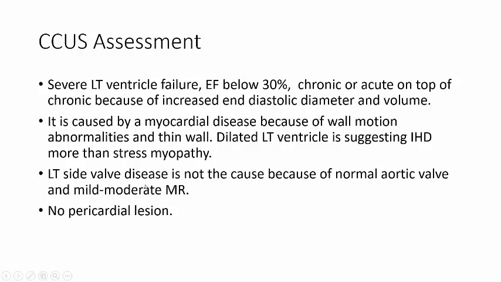Left side valve disease is not the cause: the aortic valve is normal, and the mitral valve has only mild to moderate regurgitation, which will not cause this much dilatation and wall motion abnormality. No pericardial disease. So if you see left side heart failure, you need to assess the muscles, valves, and pericardium. In our patient, it's mainly the muscles and moderate mitral regurgitation.